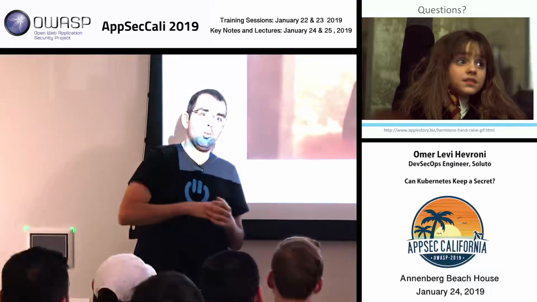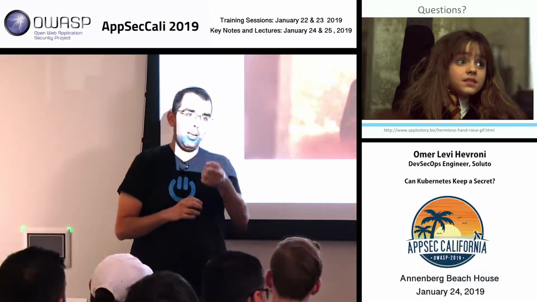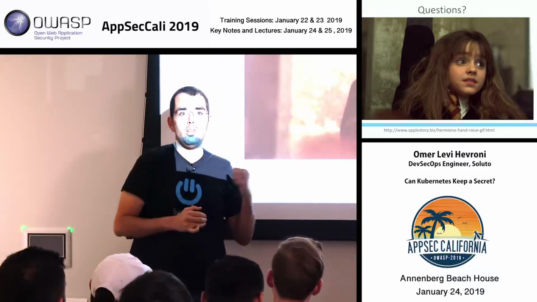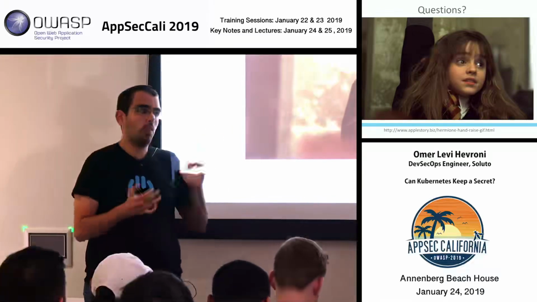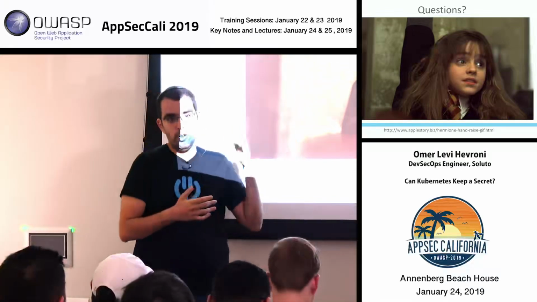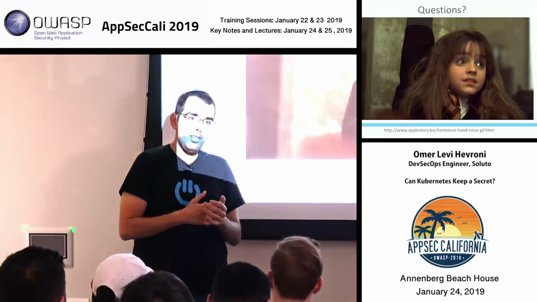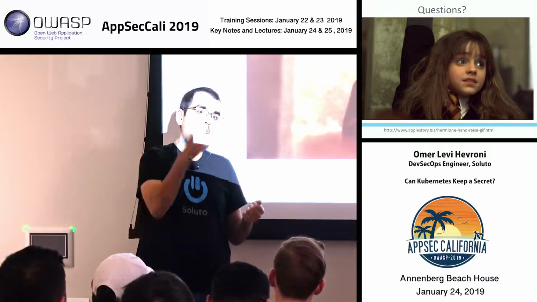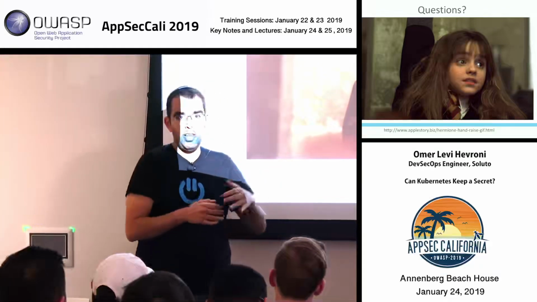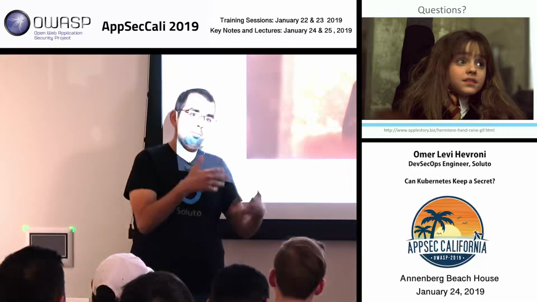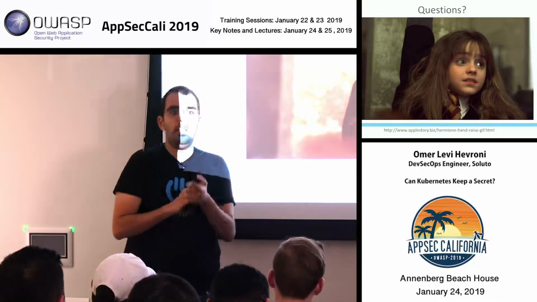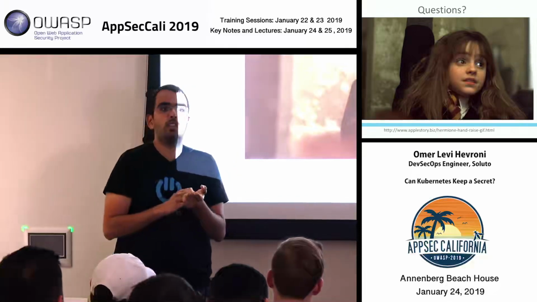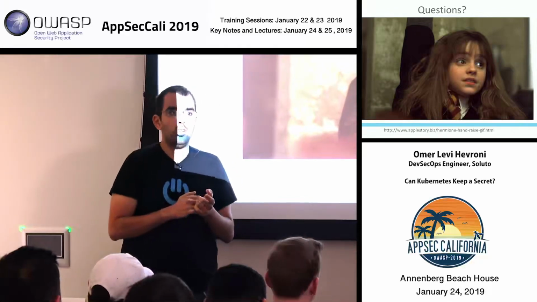I repeat the question: he asked if you can unmount the volume with the decrypted secrets. If you do that, your application will not be able to read the configuration file, but what you can do is call the Camus API directly from your application. Then you will have it only in memory, only from your application code, and decrypt only when you need it. Does that answer your question? Yeah, it does. Thanks. OK.